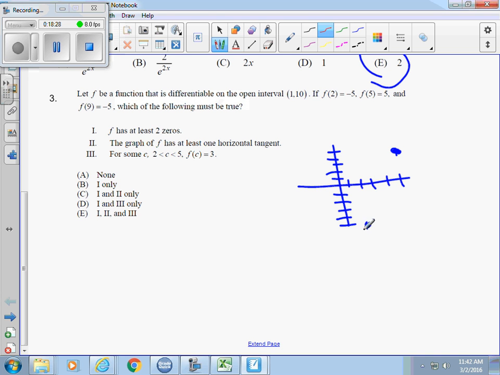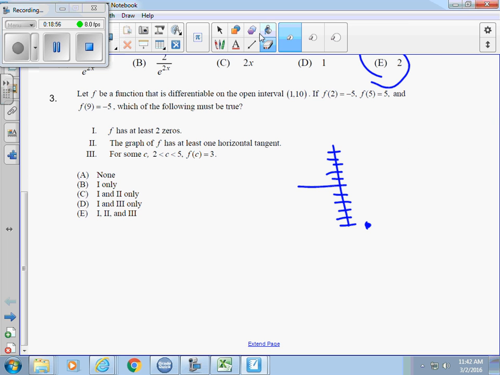You didn't draw it, but oh, sorry, I drew f of 5. You're right. Let's fix that. 1, 2, 3, 4, 5, 6, 7, 8, 9. There we go. Oh, never mind. Okay, hold on. You're right. They gave me 3 points, didn't they?